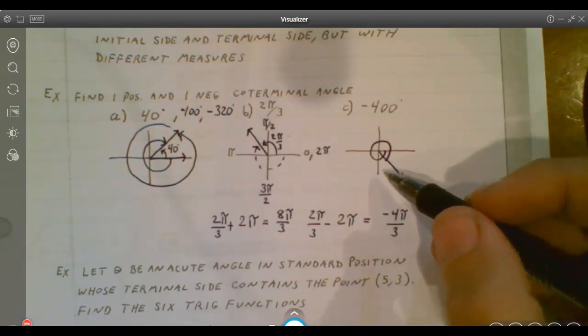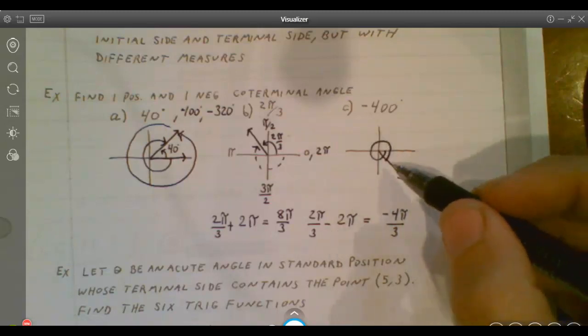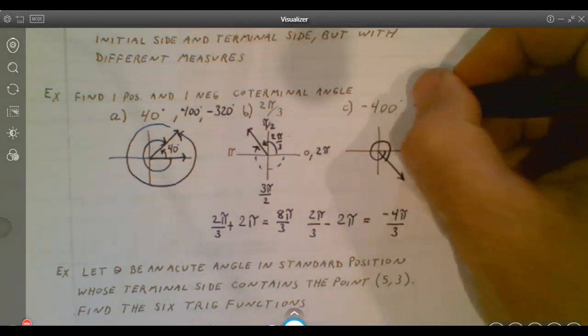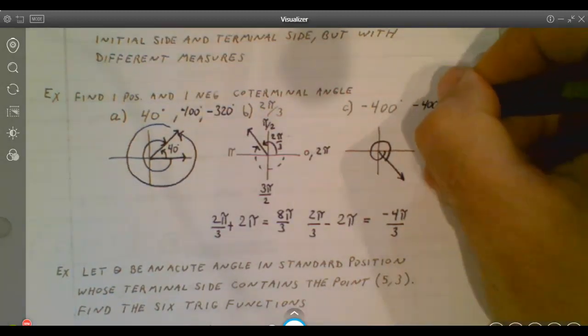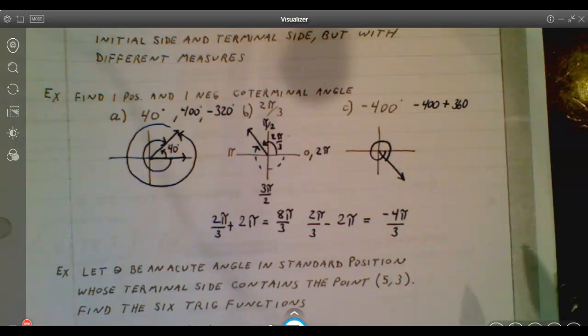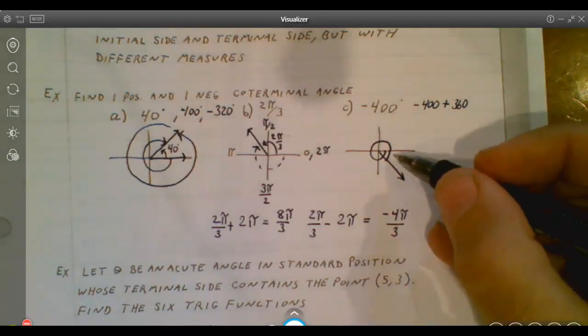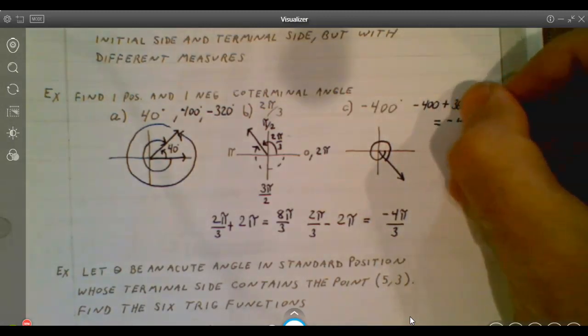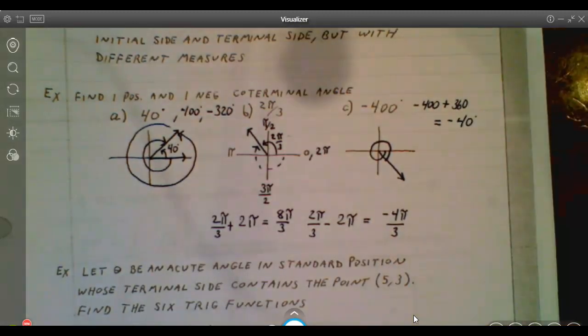I could subtract 360, or I could add 360, and I'm still going to be in the negative. So if I took negative 400 and added 360 to that, I'm still in the negative. So negative 40 degrees, which is my reference angle, is a negative coterminal angle. So I could use that one.